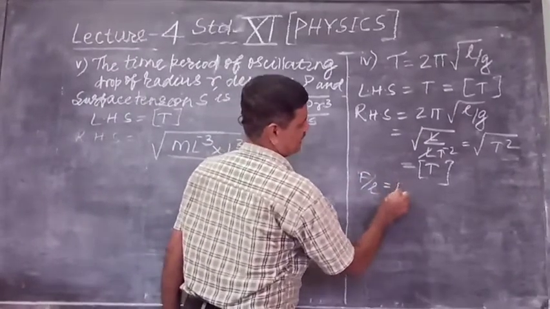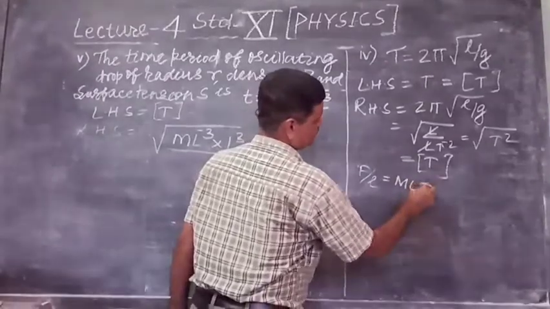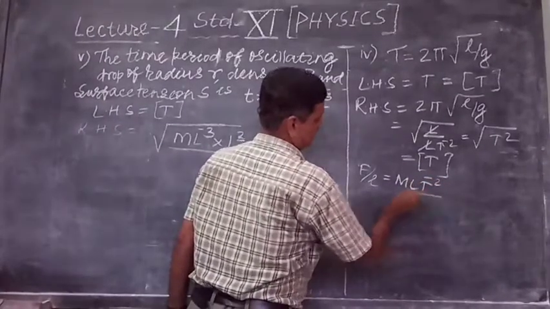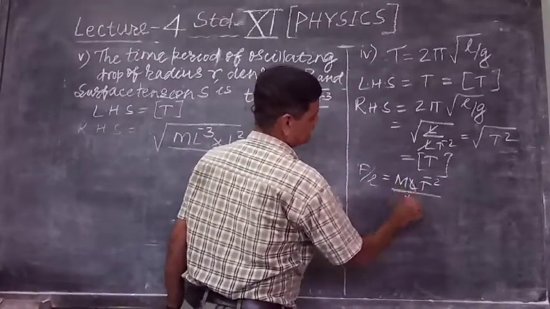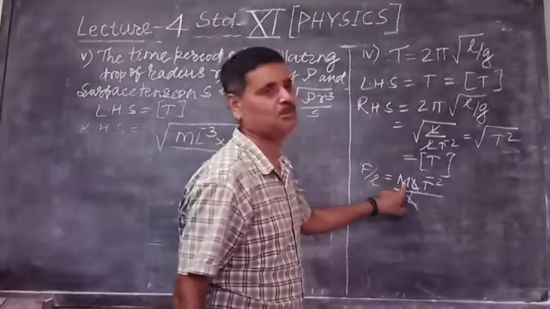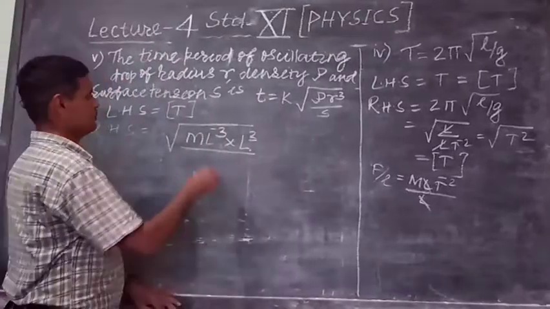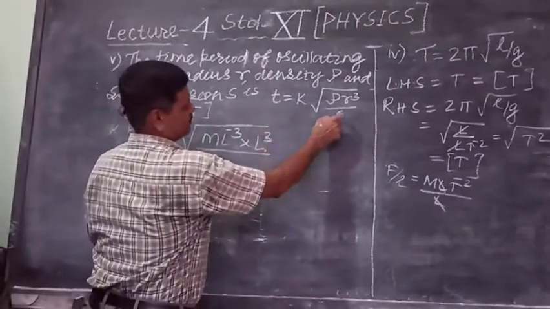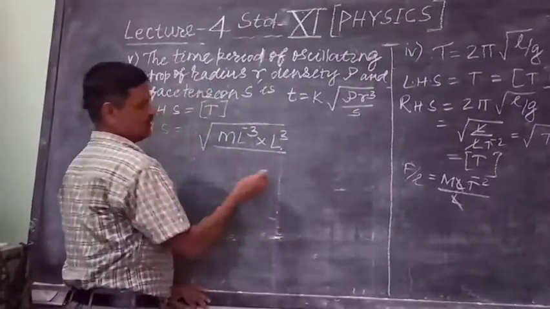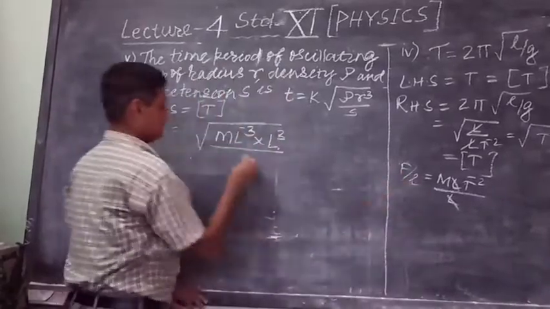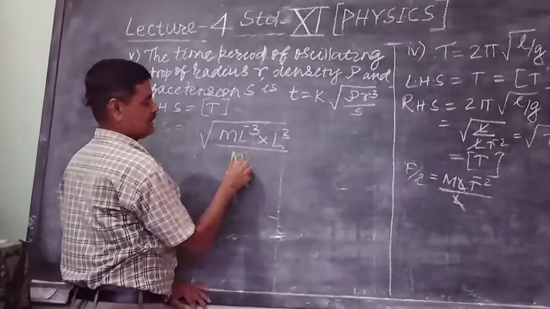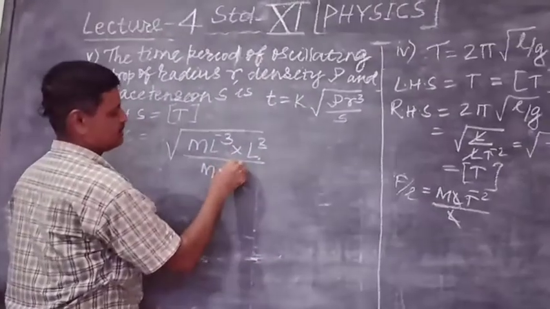Force is MLT^-2 by L, the L cancels, so it will be MT^-2. I am just writing the dimension of surface tension, and this surface tension can be written as MT^-2.